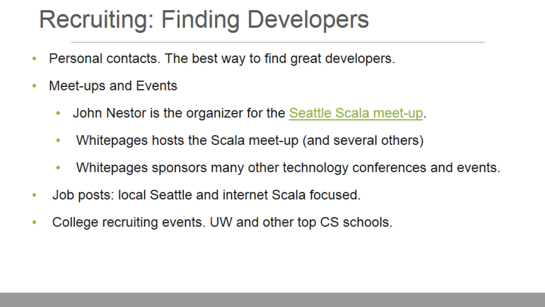However, you should not look and talk only to folks who are fluent with Scala. We have observed that there are traits that some developers share that would make them really easy to get into Scala and become proficient. So we're looking not necessarily at folks who have Scala on their credentials, but folks who have done work in functional languages tend to fare pretty well.